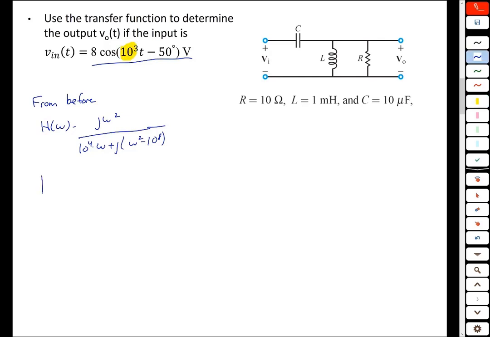So what we need to do is evaluate H of omega at 1,000. We end up getting j times 10 to the 6th over 10 to the 7th minus j 10 to the 8th minus 10 to the 6th.